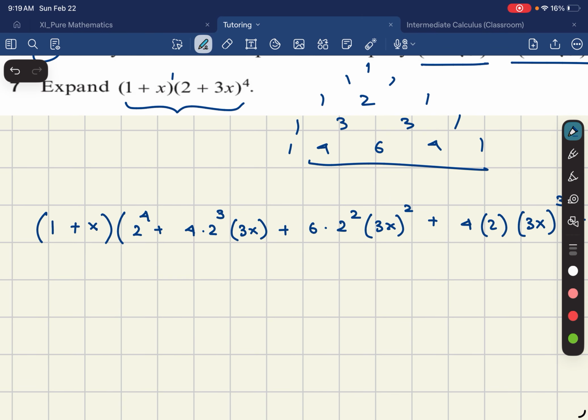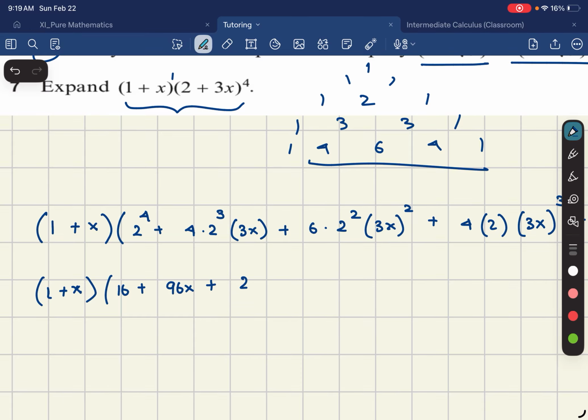And when you expand this out, you get 1 plus x, and you have 2 to the power 4, that is 16. 8 fours are 32, that is 96x, I believe. Plus 2 squared is 4. 6 fours are 24 times 3 squared is 9.